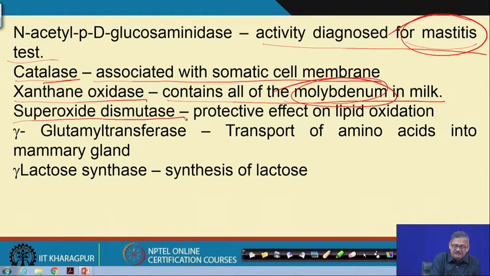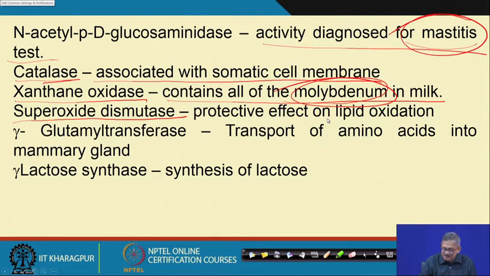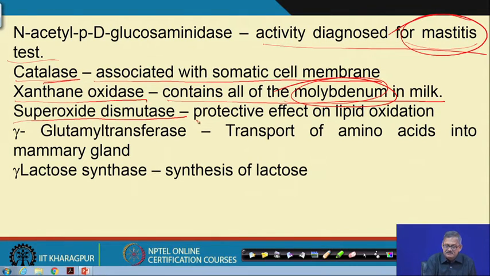Then superoxide dismutase, not di, sorry, dismutase. This has a protective effect on lipid oxidation.